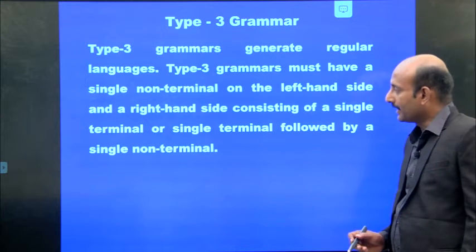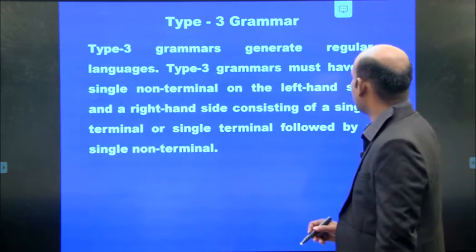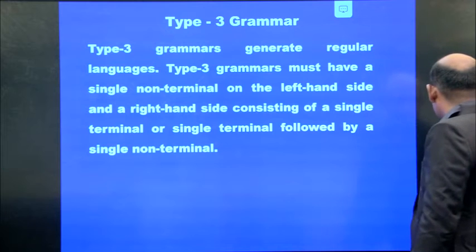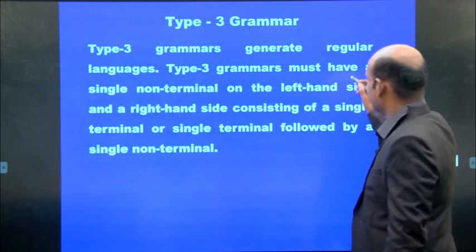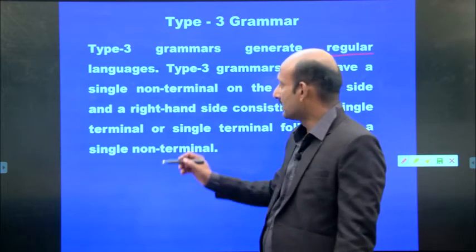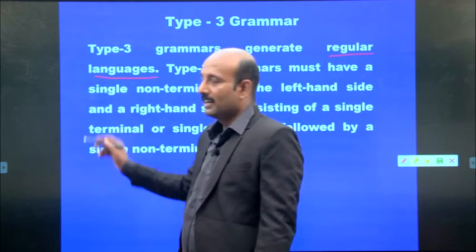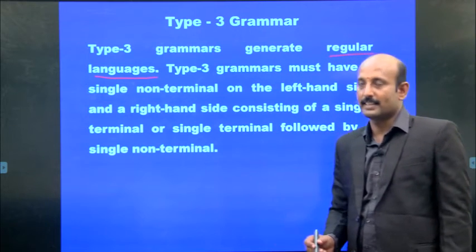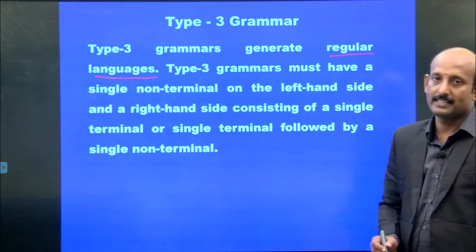Next, we can go for seeing type 3 grammars. Type 3 grammars are called regular grammar. The strings generated by this grammar are recognized by the regular languages.